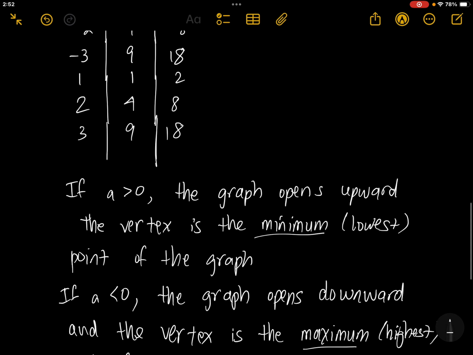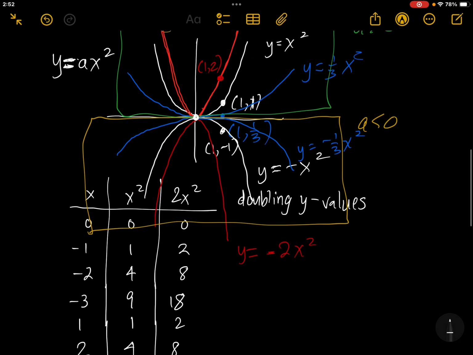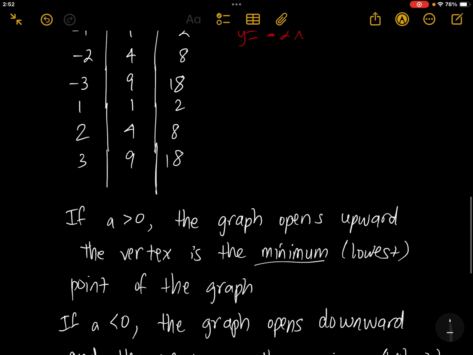As you can see in the examples here. In all the examples where a is negative, the graph starts off negative and then it gets less and less negative until it gets to 0, 0 and then becomes negative again. That's what's happening to the y values.